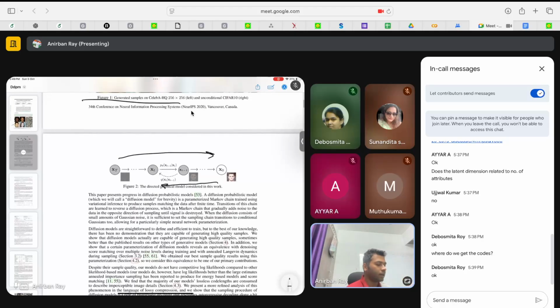Yeah, I've seen. So this is the reverse process actually. Denoising the image is the reverse process, and noising it is the forward process.